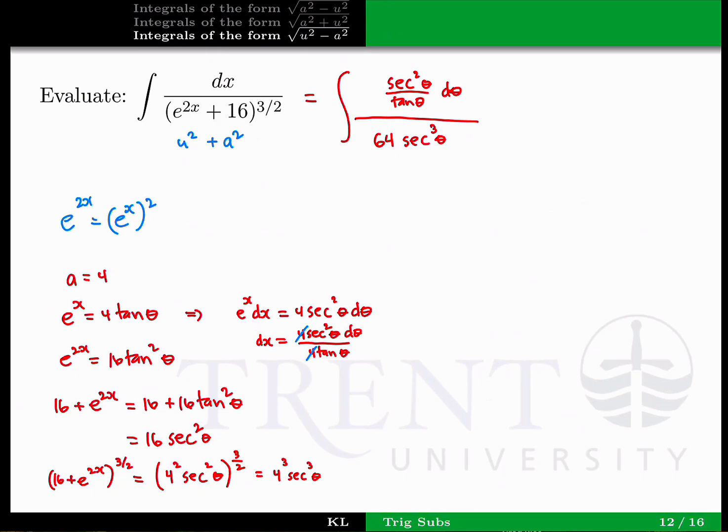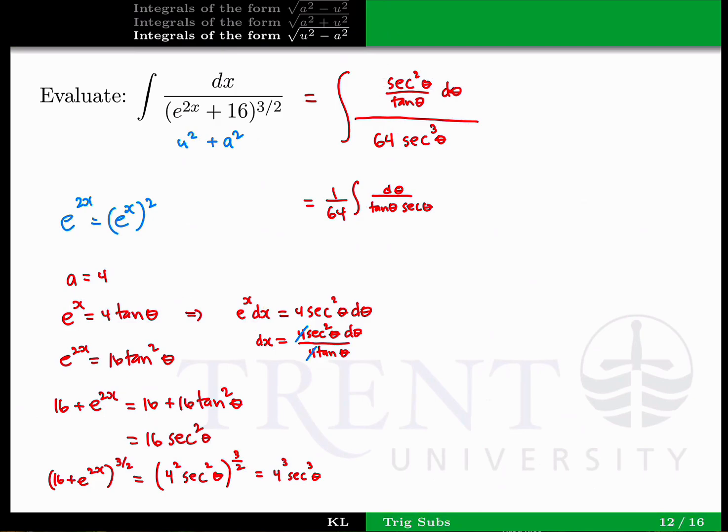Of course, the 64 will remain in the denominator, so we can bring it out, 1 over 64. And then secant squared divided by secant cube, that's 1 over secant. So let us write it in this way. We will have the integral of 1 over tangent theta secant theta d theta.